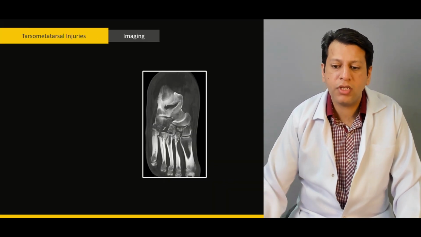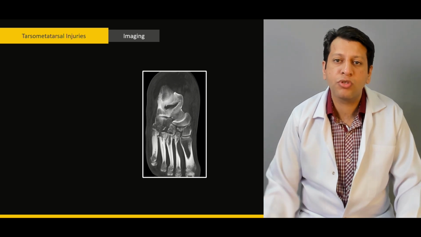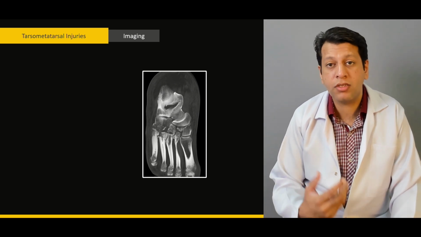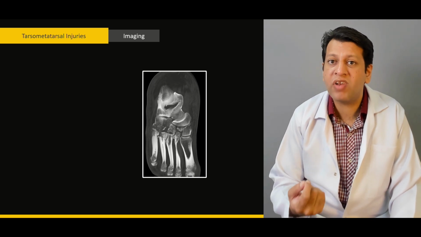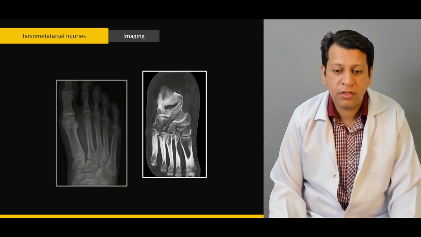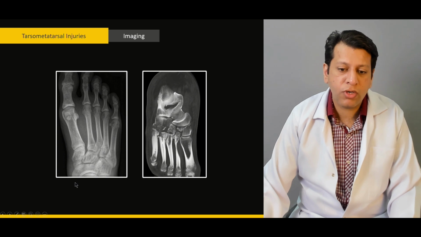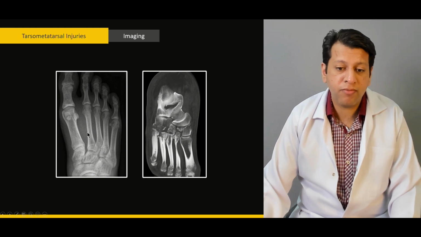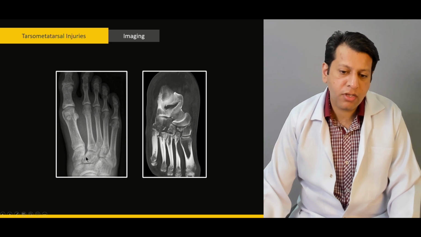Now, if you see imaging of an isolated ligamentous injury, one has to be very careful in viewing this kind of X-ray, because the bone may not be injured and you have to look for a fleck sign, which is present between the first and second metatarsal. For example, in this X-ray, what you need to look at on a true AP view is that the second metatarsal should be aligned with the middle cuneiform.